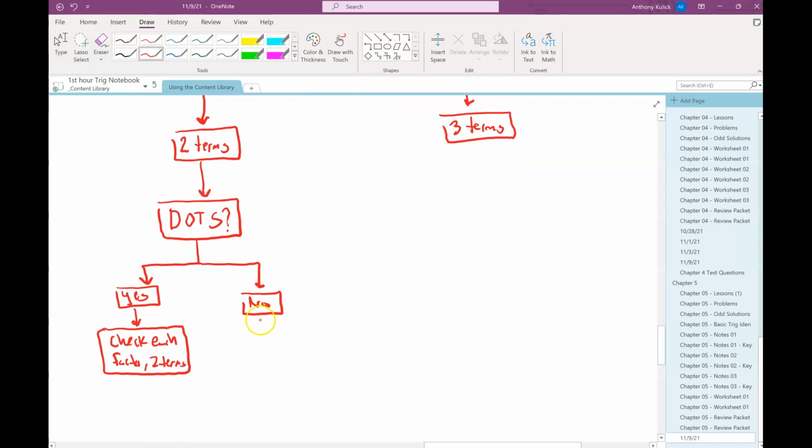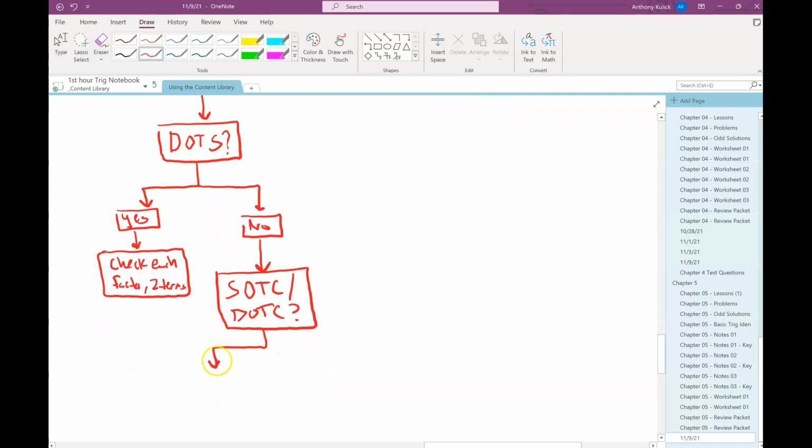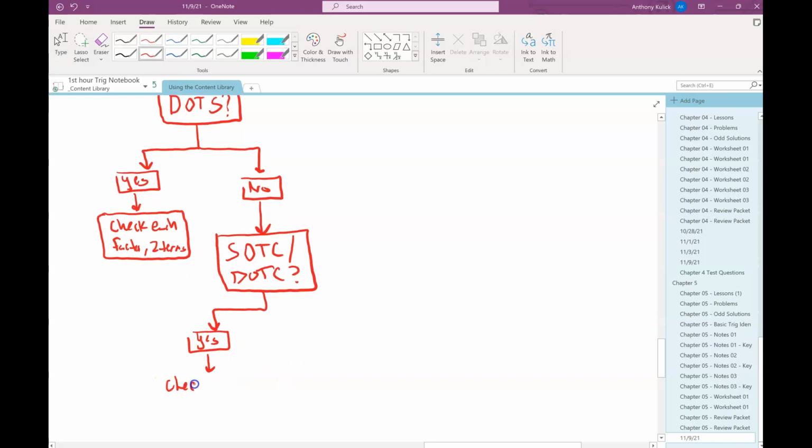So if it's not a difference of 2 squares, then we're going to check for a sum of 2 cubes or a difference of 2 cubes. If it's yes, then we check the binomial factor, the factor with just 2 terms in it, down the 2-term branch.